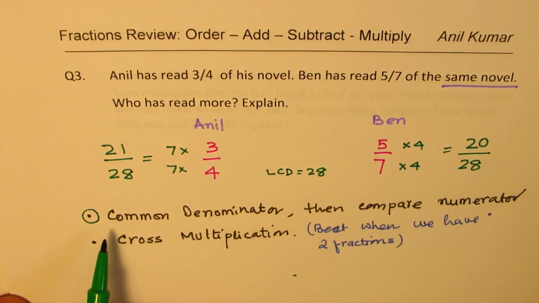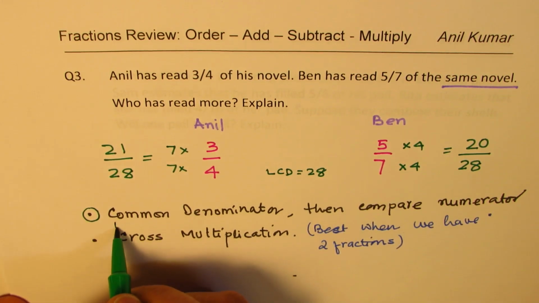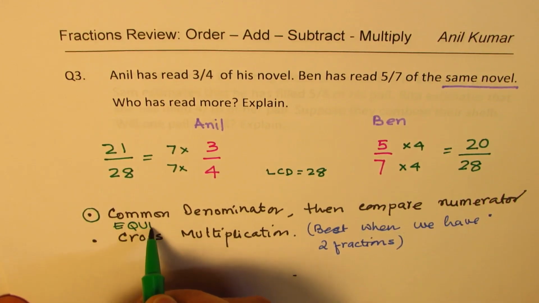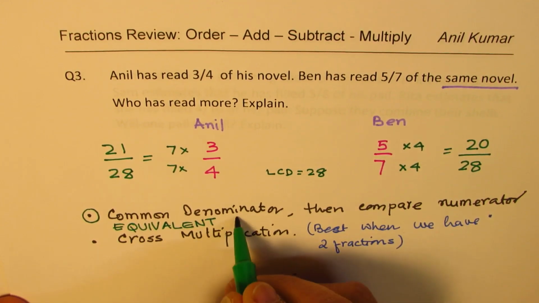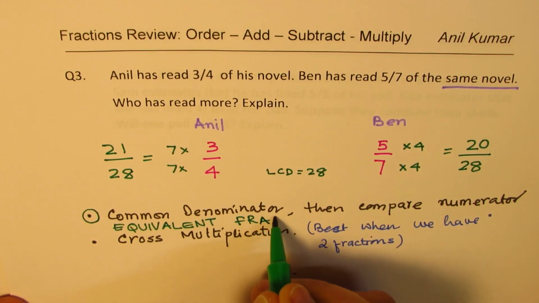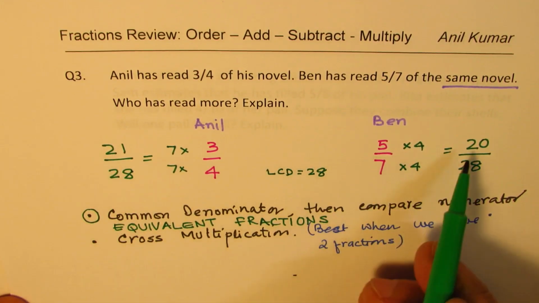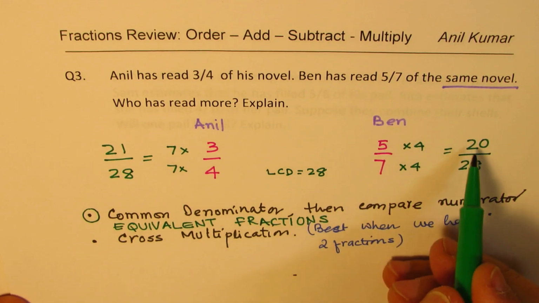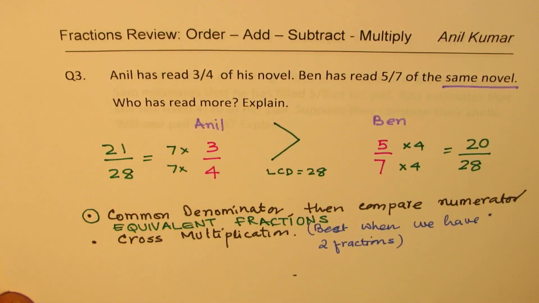So we actually found the lowest common denominator and then we wrote equivalent fractions. Now we know which is greater. 21 is greater than 20, so we write this symbol. So this means greater. Correct? So that is the first method. Perfect. Not difficult at all.